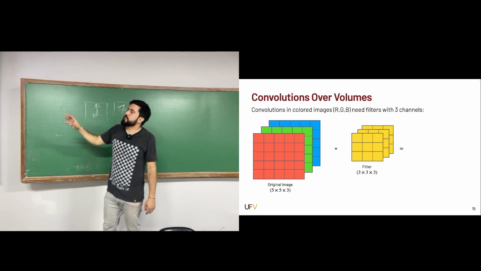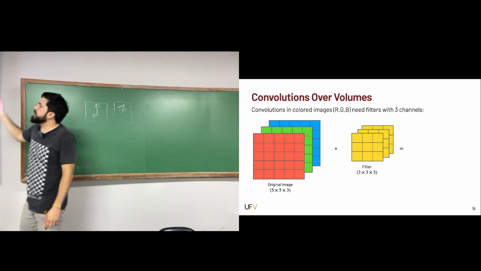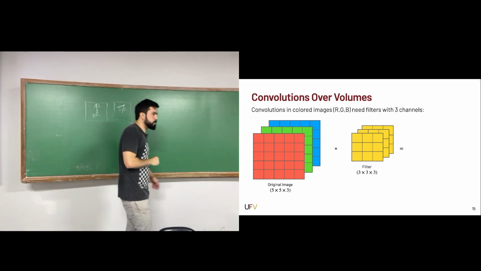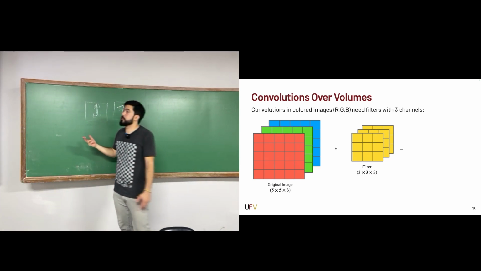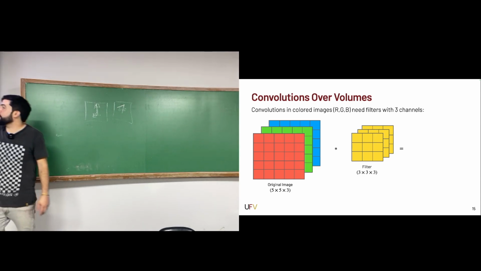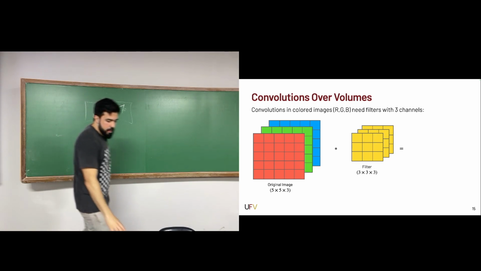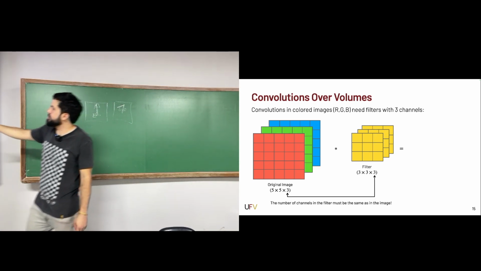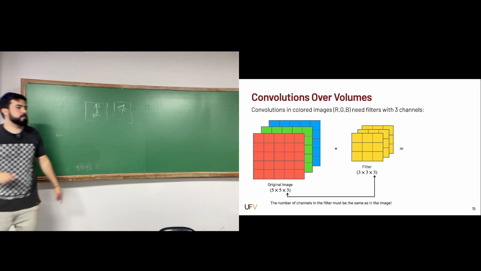So if you want to apply filters to these images, we also need a 3-dimensional kernel or filter. Now the number of dimensions, or the number of channels to be more precise, has to match the number of channels in the image. So these numbers here have to be exactly the same.